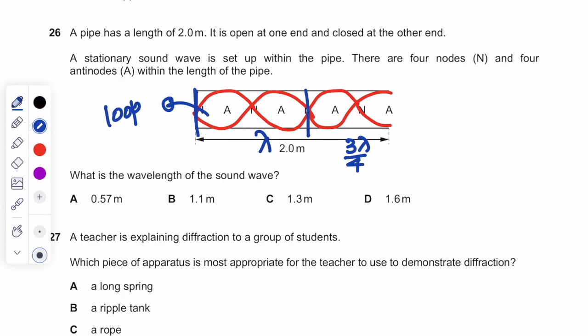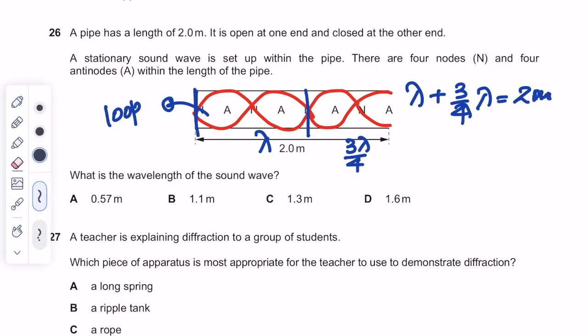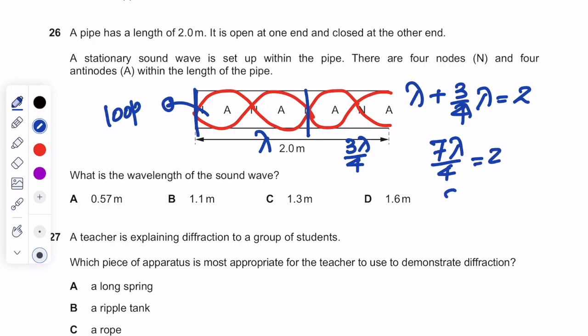So lambda plus 3/4 of a lambda is 2 meters, the length of the tube, right? We don't need meter here. So I can write 7 lambda over 4 is 2. Lambda must be 8 over 7 or 1.1 in meters, right? So the answer should be B.